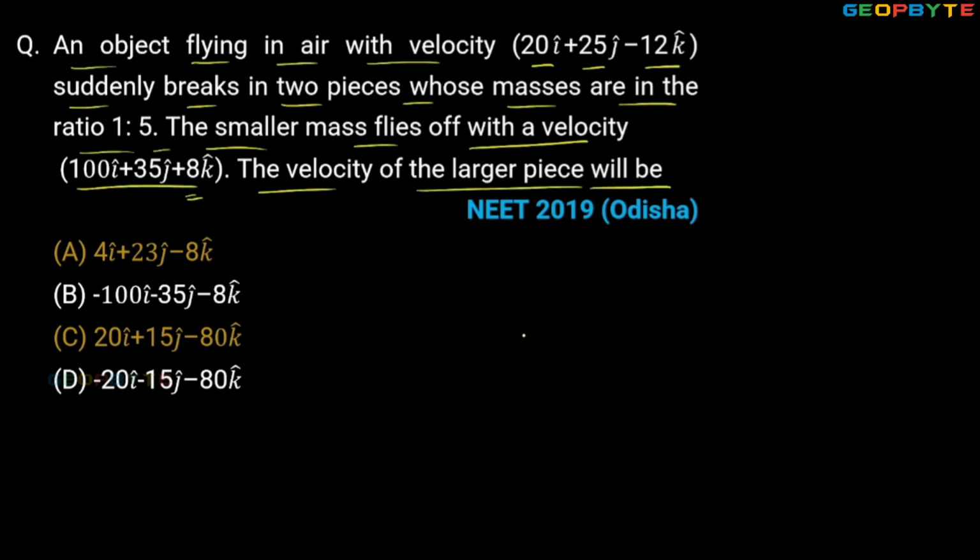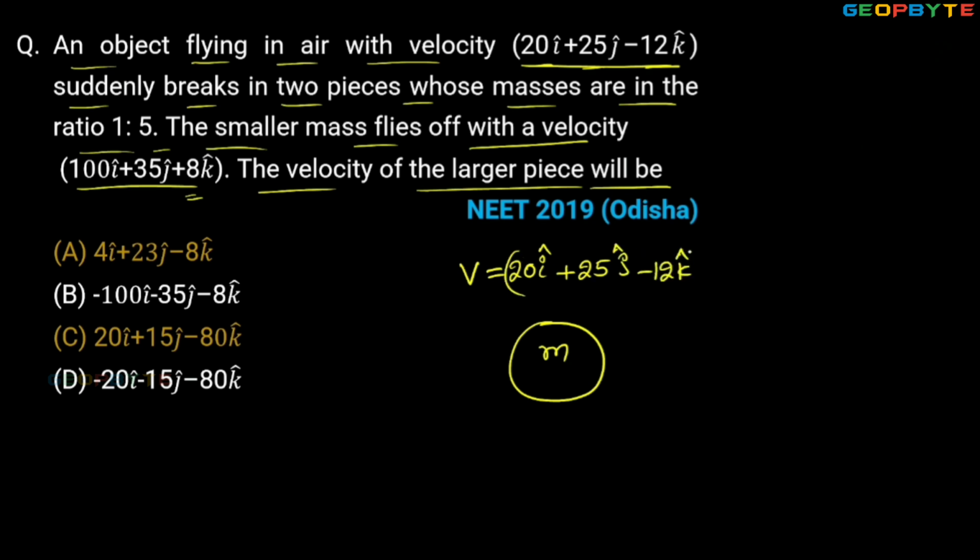It is like this. There is a mass m maintaining velocity equal to 20 i cap plus 25 j cap minus 12 k cap. It is suddenly breaking into two particles.